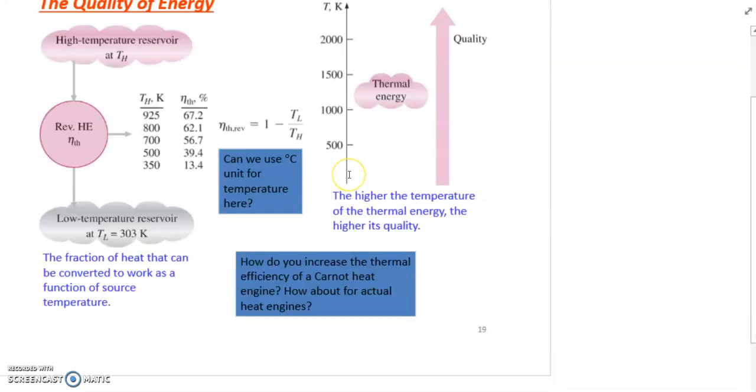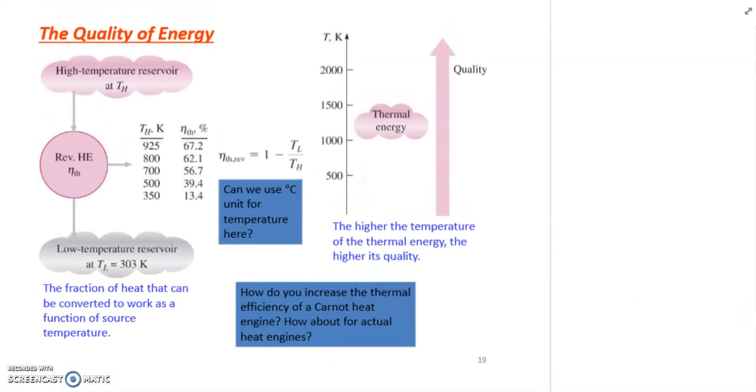So now we have looked at the Carnot heat engine. Now let's look at the quality of energy. When we're talking about the quality of heat energy, you need to see the comparison.